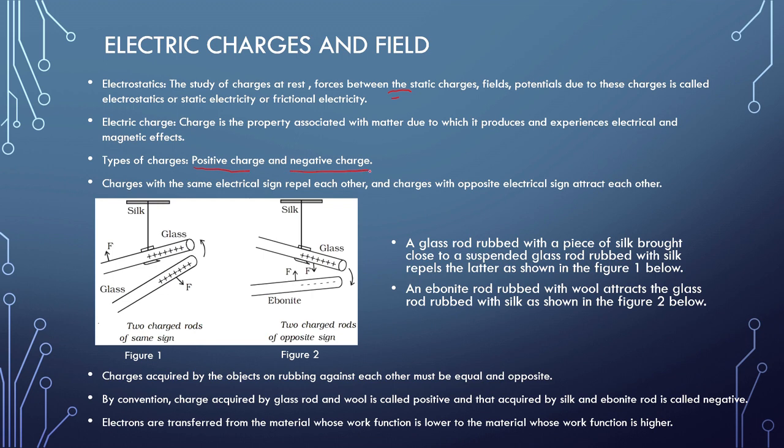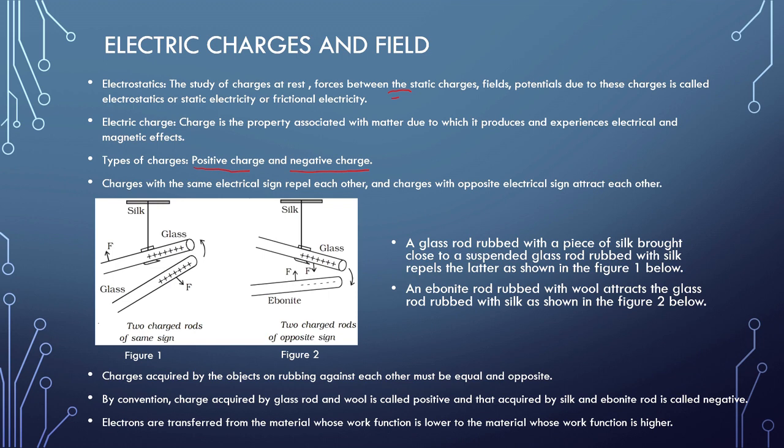We all know that there are two types of charges, positive charge and negative charge. Charges with the same electrical sign repel each other, and unlike charges attract each other. We have all studied in our lower classes that like charges repel each other and unlike charges attract each other.